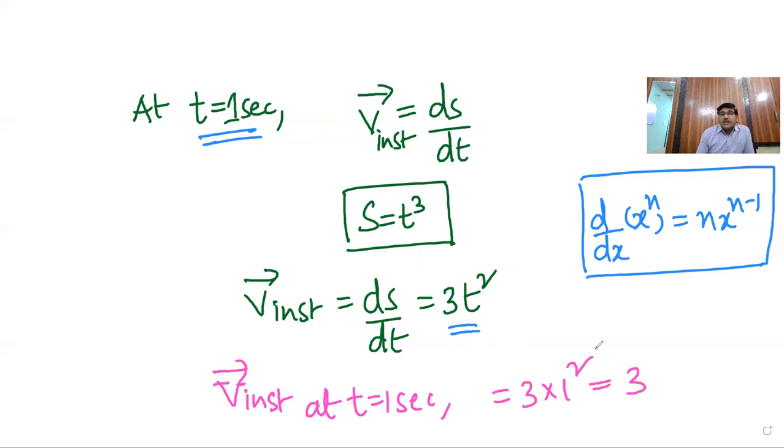What is the unit? 3 meters per second. Clear? 3 t square. In place of t, I have substituted 1. So 3 t square.